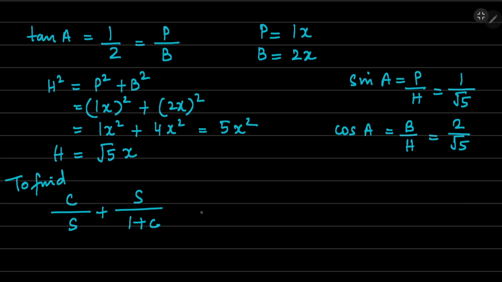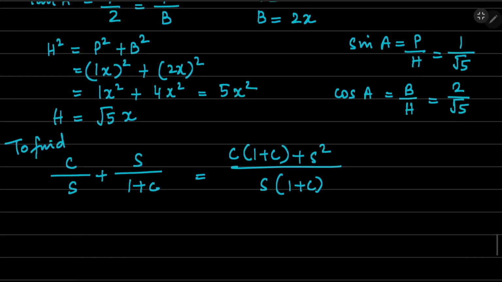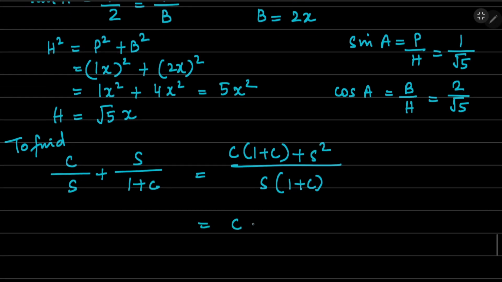Let's take the LCM and see if we are able to simplify. The denominator is sine into 1 plus cos. So you'll have cos multiplied by 1 plus cos in the numerator plus sine square. When you multiply it inside, it becomes cos plus cos square plus sine square, whole divided by sine into 1 plus cos.